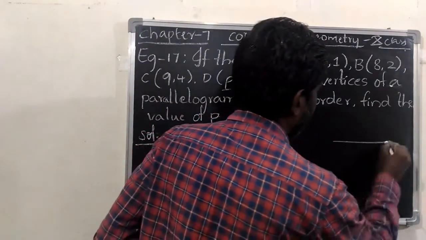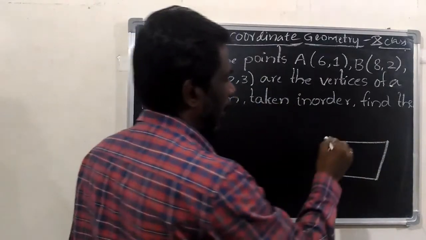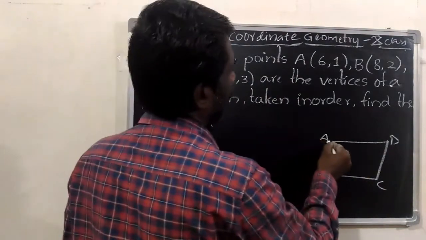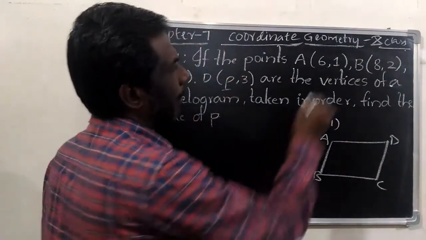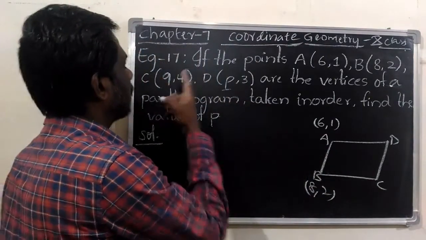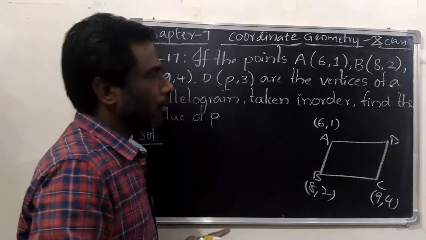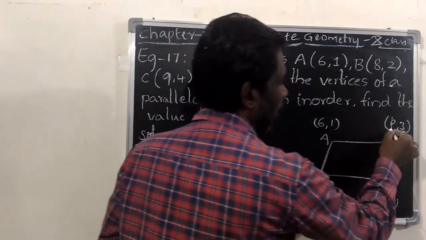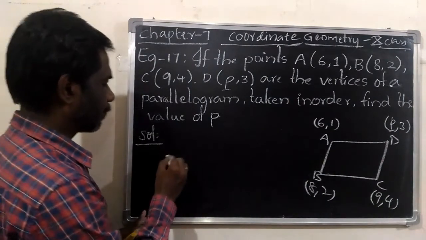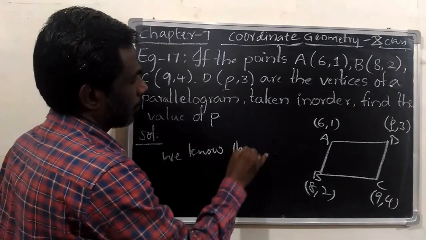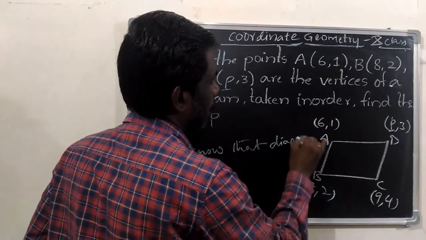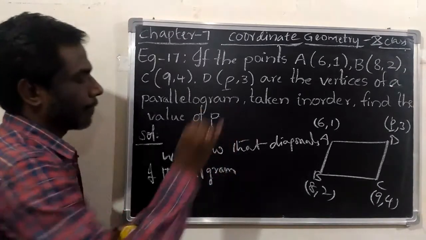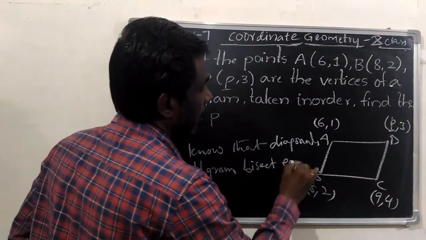So draw the parallelogram diagram and name it A, B, C, D. This is the order, where A is given as (6, 1), B is given as (8, 2), C is given as (9, 4) and D is given as (p, 3), and they are asking to find the value of p.